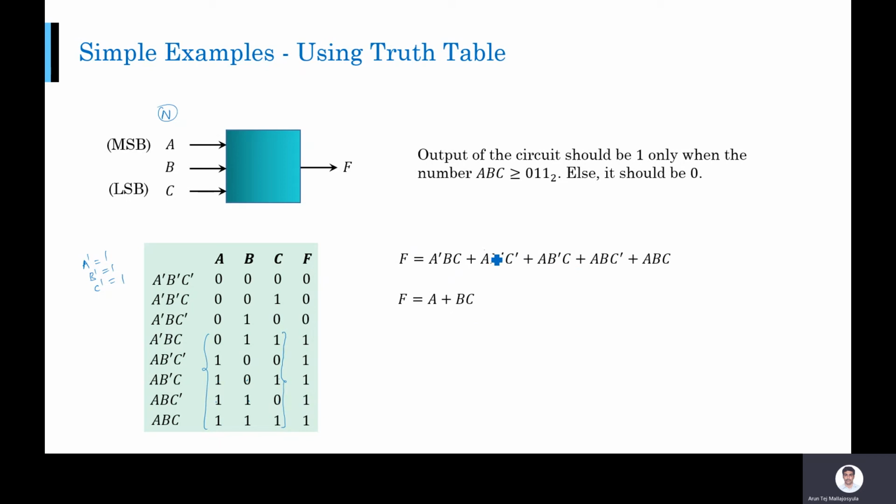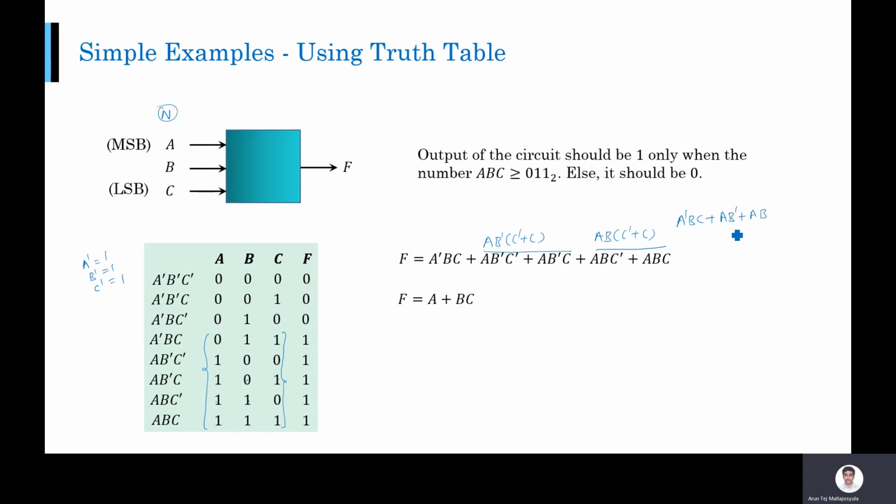Let me try. So I have A B dash C dash, A B dash C. So I can use this A B dash into C dash plus C. These two. Then I have AB C dash, ABC. So again I can combine these two, AB into C dash plus C. So what do I have? I have A dash BC plus AB dash plus AB.